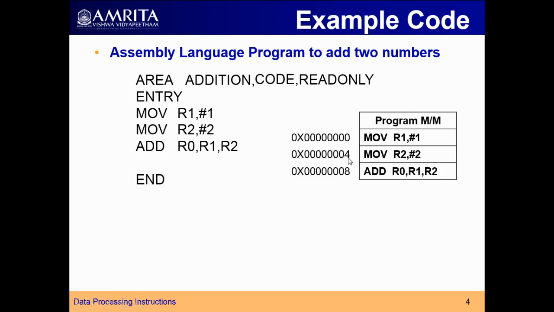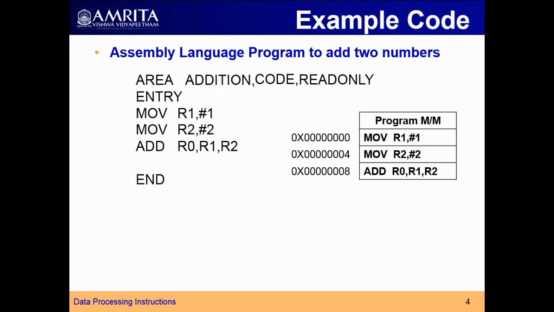Why is it 04? In the previous class I told that whatever instruction you are writing will be decoded into a 32-bit opcode in the case of the ARM microprocessor. So if I am writing MOV r1, #1, it will be converted into a 32-bit opcode. What opcode you get for each instruction we will see in the forthcoming classes.